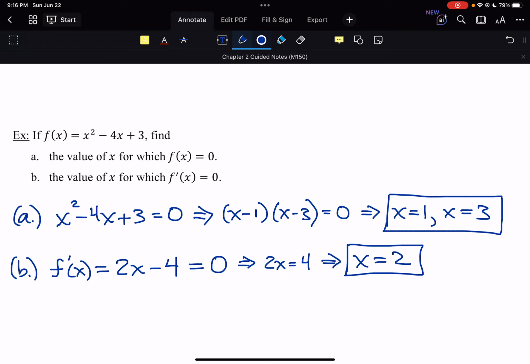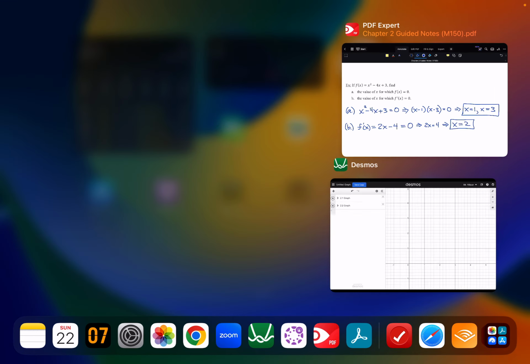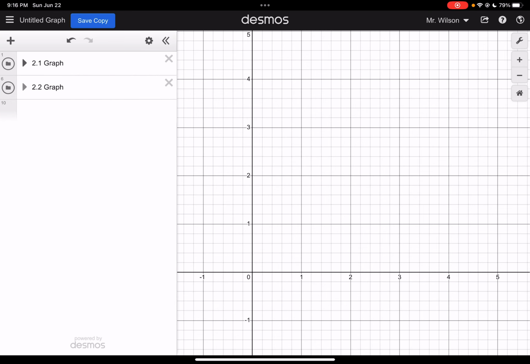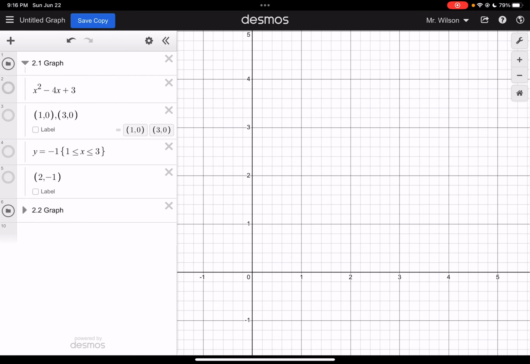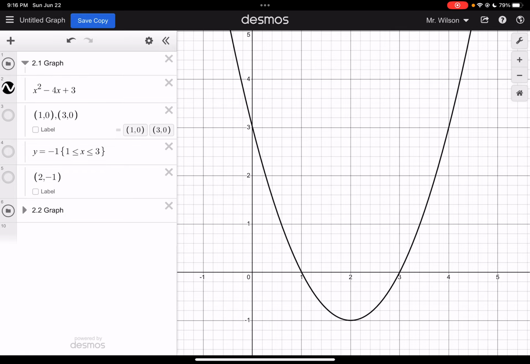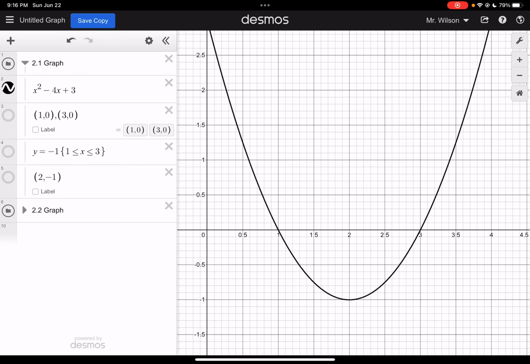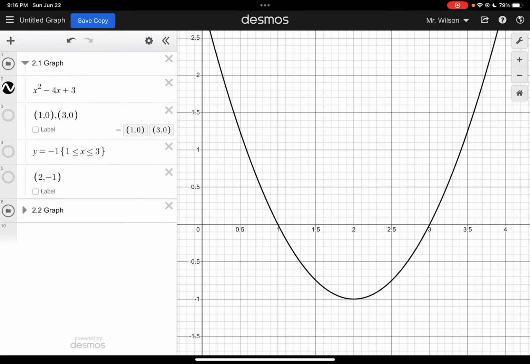Now, I want to go ahead and take a look at what this looks like. I've got the curve right here. I've got the points where the function is 0.